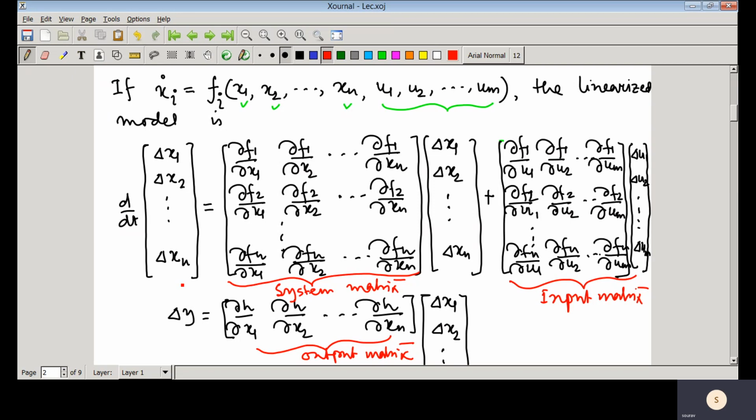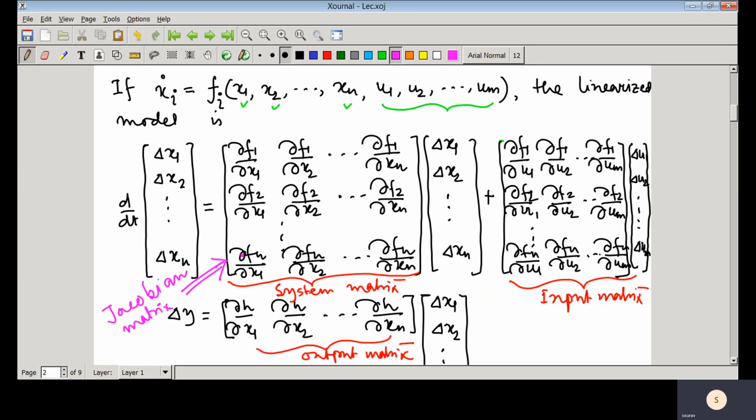Here this matrix has a special name called the Jacobian matrix. So the system matrix is known as the Jacobian matrix, and sometimes this method is also called the Jacobi method.